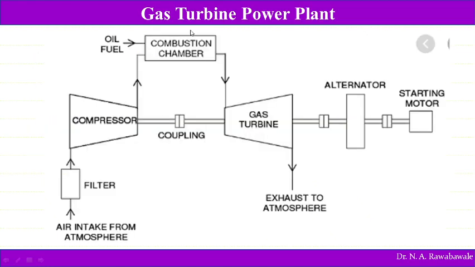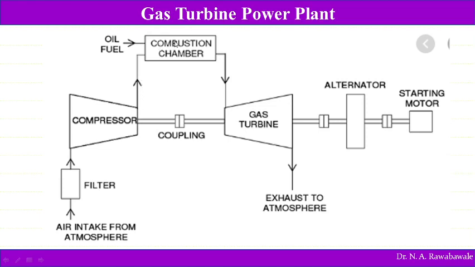Then how the gas turbine plant works, that we see. First, in this gas turbine power plant, there are two major components known as the compressor and the gas turbine. First, the air is taken from the atmosphere, passed through the filter, and then that air is compressed. The compressed air is passed into the combustion chamber.